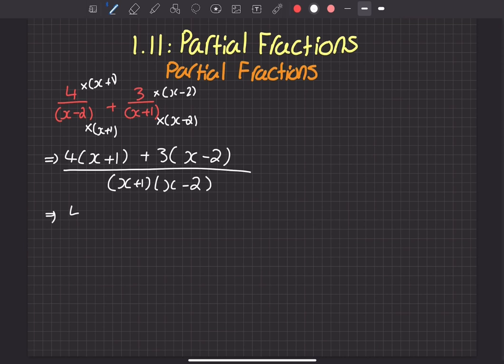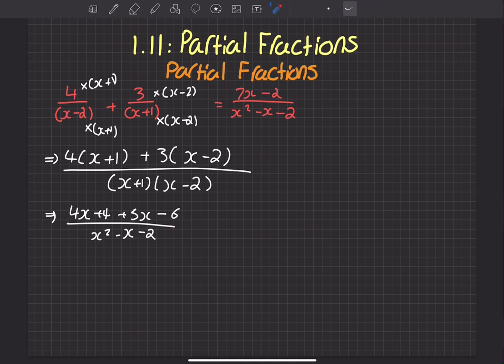And we can expand, so we'd have 4x plus 4 plus 3x minus 6 over x squared minus x minus 2, right? So this equals, we combine the terms, 7x minus 2 over x squared minus x minus 2, right? So what we just did is we combined these two fractions into one big fraction.